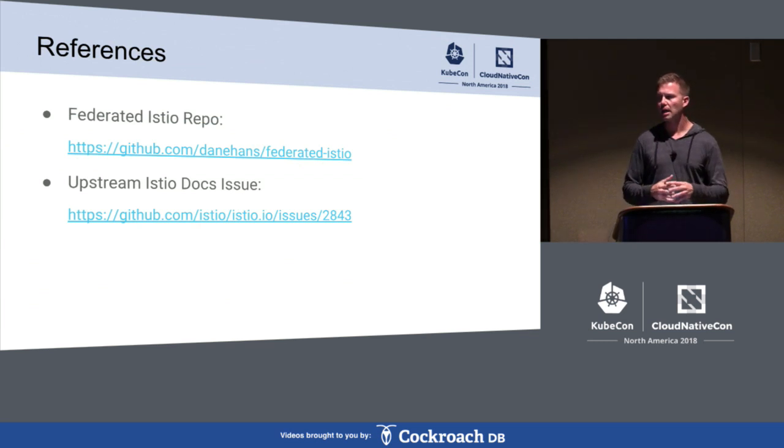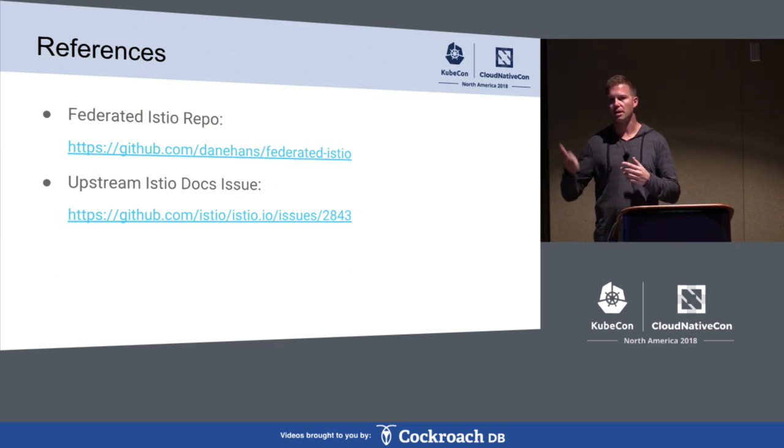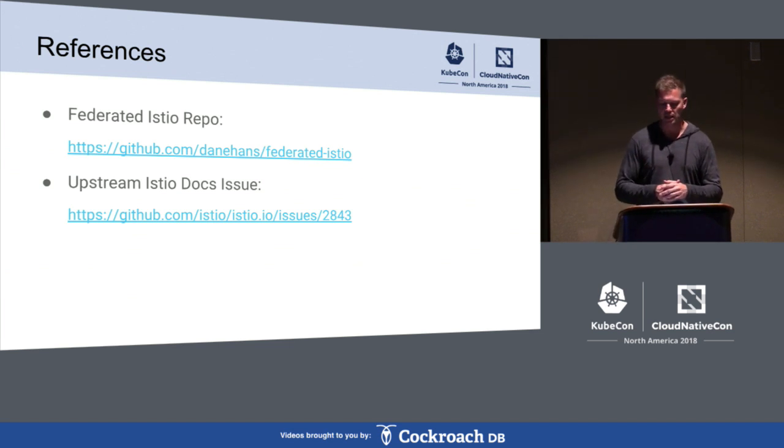I have an open issue to get federated Istio upstream into the Istio community. It's issue 2843. If it's something you're interested in, feel free to chime in and give it a thumbs up or say, let's get this upstream. Oh, and I also currently have it sitting in my repo.